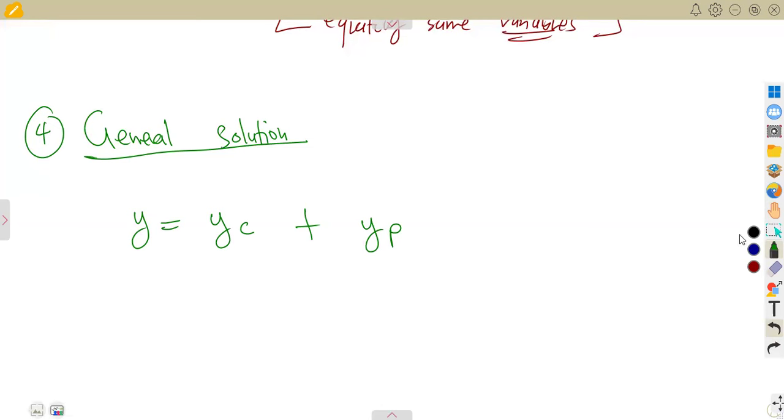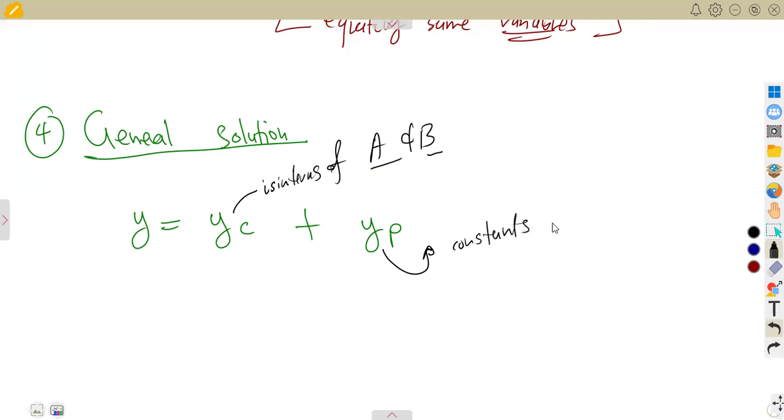But remember this, the reason that we are saying it is the general solution is because our complementary function is in terms of what? In terms of A and B. The constants A and B are there. But on the particular integral, constants are already calculated.